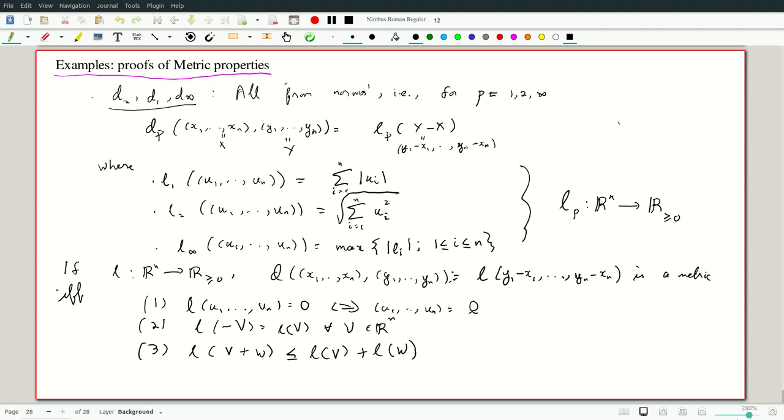Okay, and in general, if I have 3 points U, V, and W, I have 3 distances here that are relevant. Oh, my U and V look too much like each other. So let's change them to P, Q, and R.